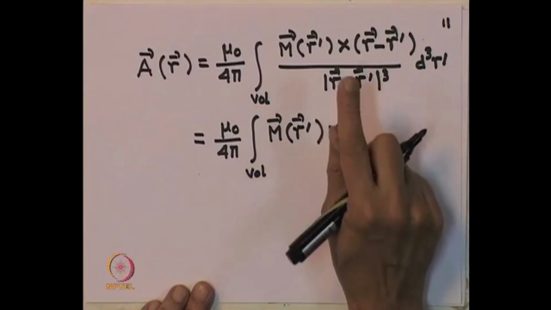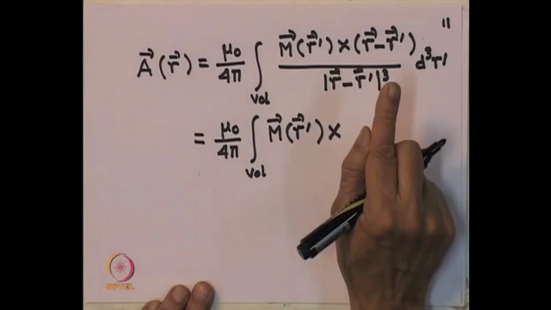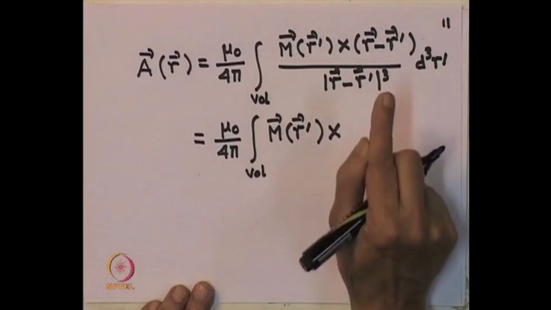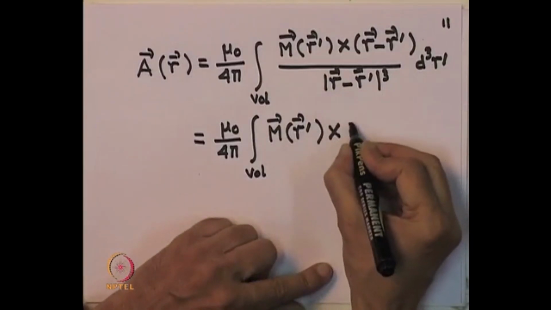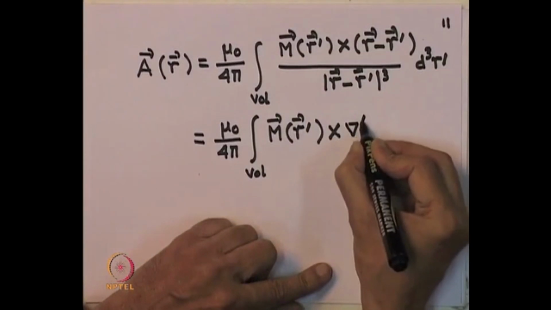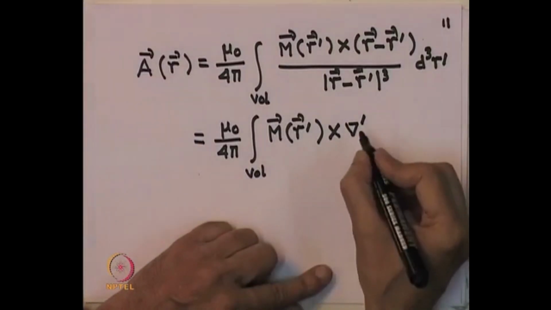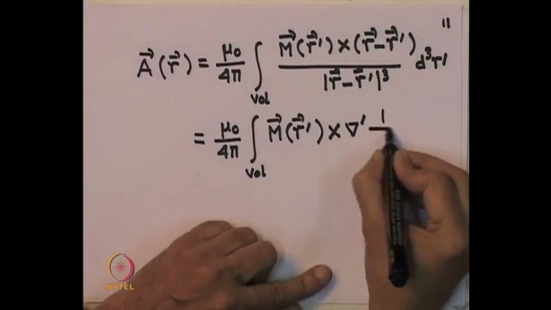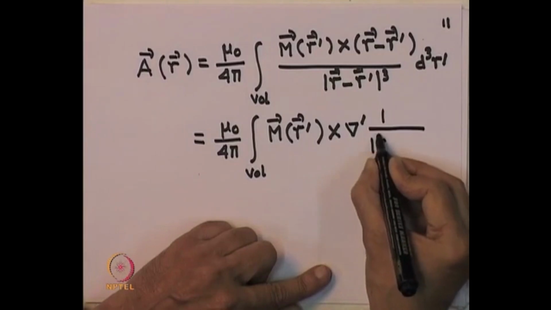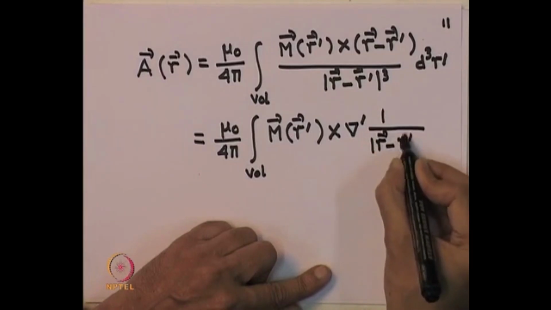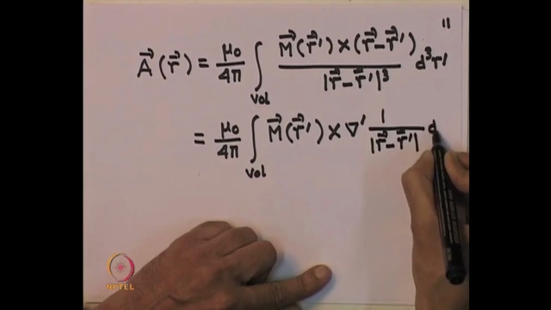Since my position r here is a fixed position, I am going to take care of the negative sign by taking the gradient with respect to r prime, and that I am denoting by a prime there, and I will write it as 1 over r minus r prime, d cube r prime.